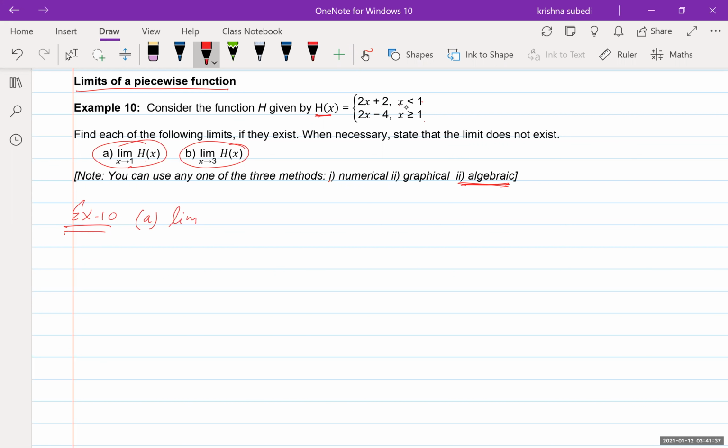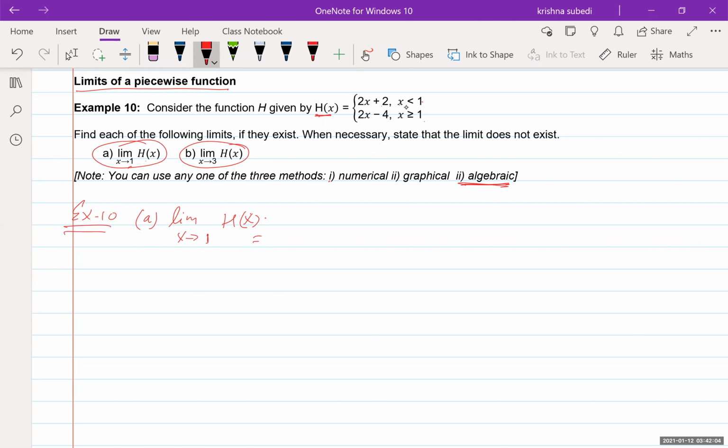Sometimes the left-hand piece and the right-hand piece may not be equal. So in that case, it is always better to use the left-hand, right-hand approach to evaluate the limit for the piecewise function. So part A, let me just copy the question. This is the question, okay?